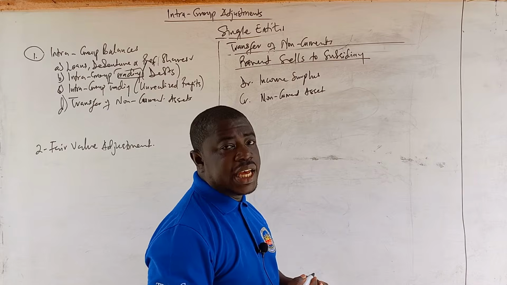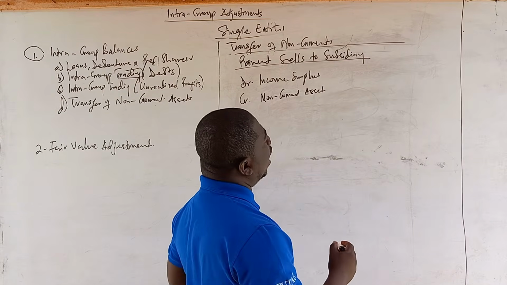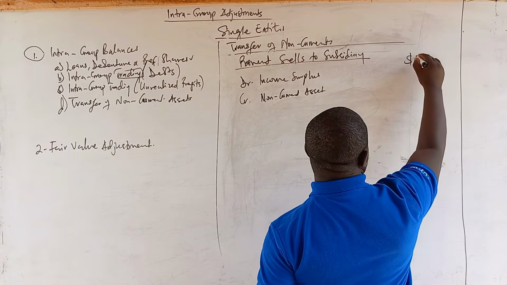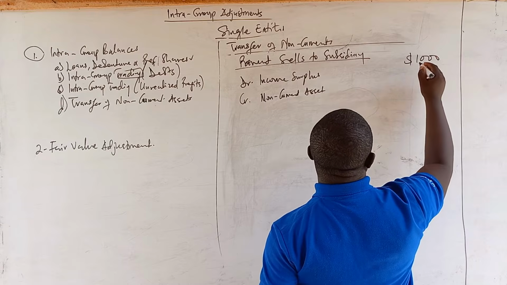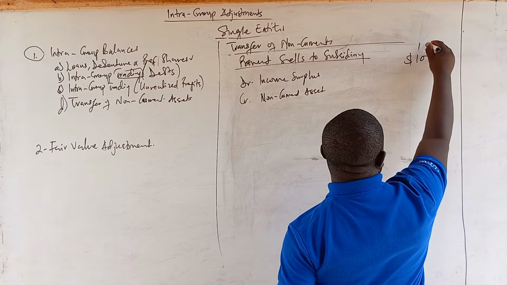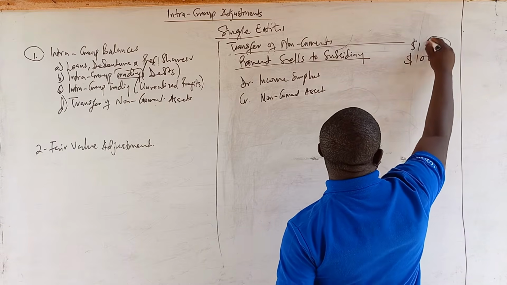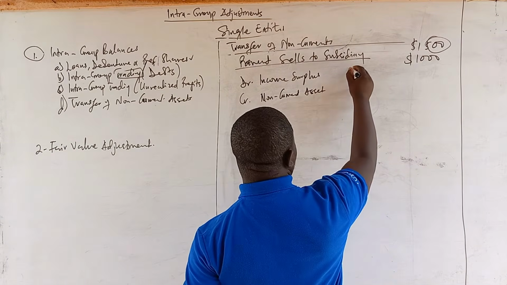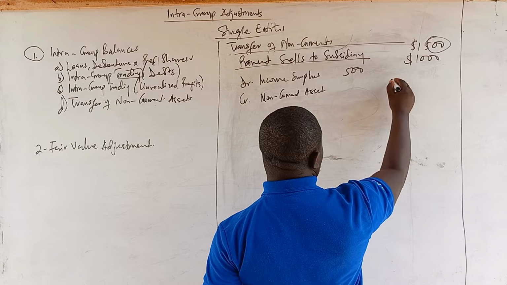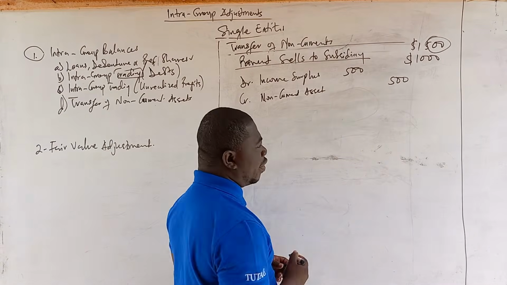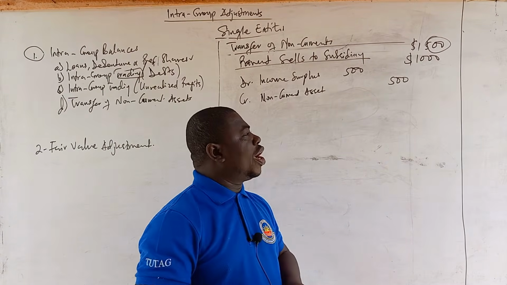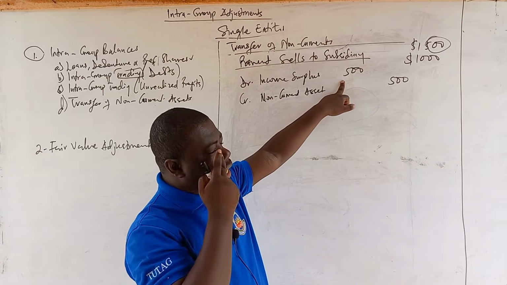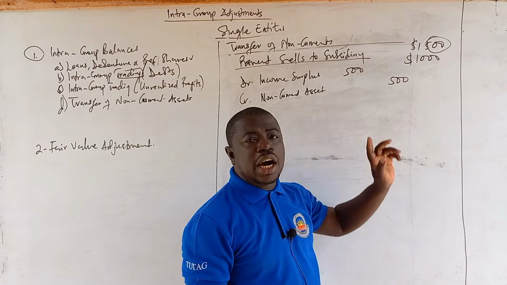In the scenario I created, the asset net book value was 1,000, but it was sold for $1,500. So there was a 500 unrealized profit. We debit the income surplus with 500 and credit the non-current asset value with 500. So we are eliminating the unrealized profit.